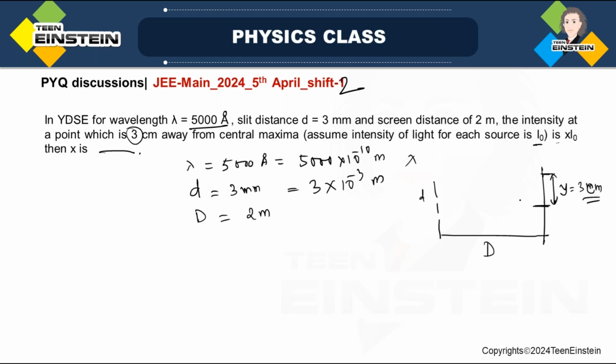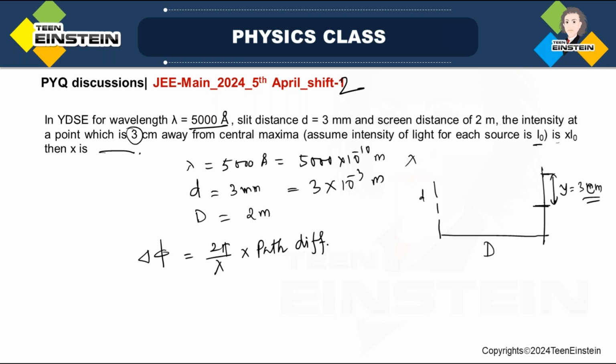That is what we need to find out. For that we have to find out the phase difference, delta phi, which is 2 pi by lambda into the path difference. So we need to find the path difference at a point 3 centimeter away from the central fringe.